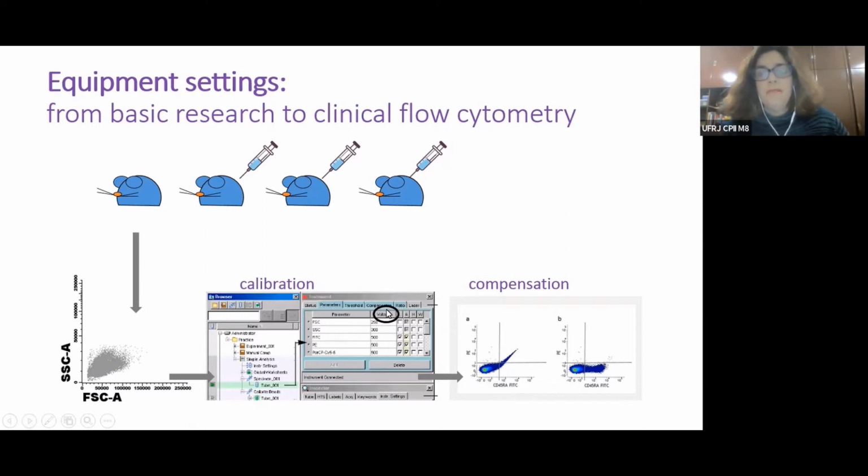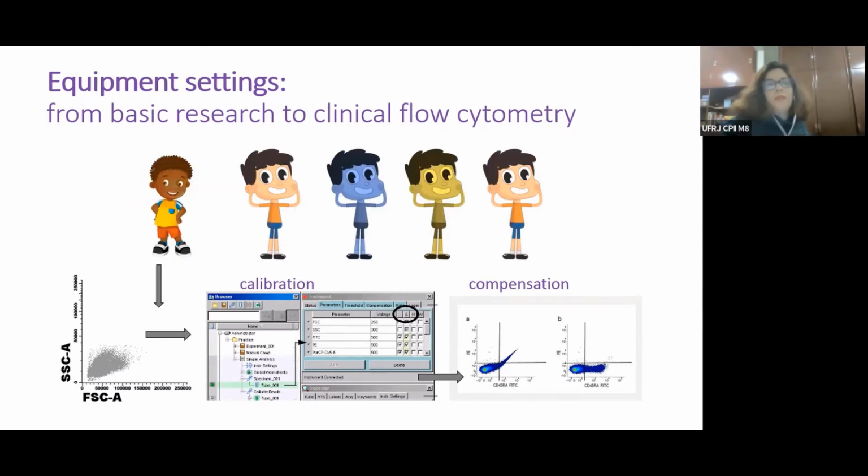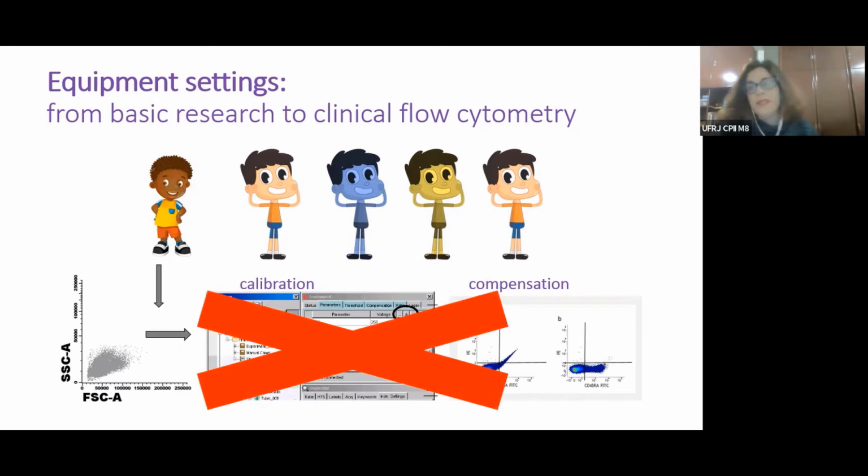So in basic research, many people adjust the voltage for each experiment. But for clinical applications, it's not possible.